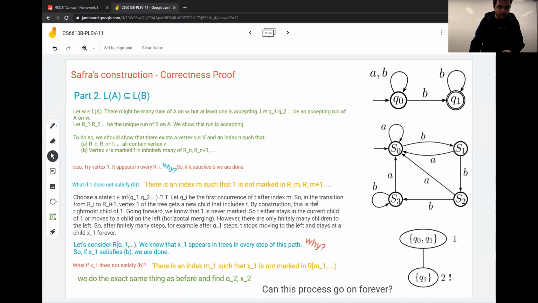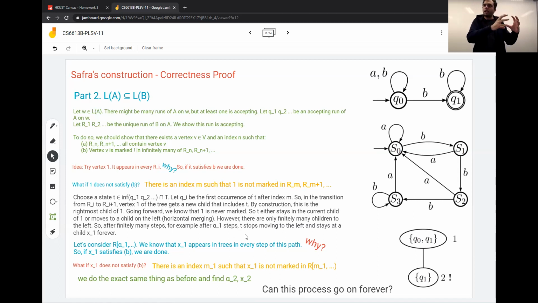So what this means is that at some point, we won't have any horizontal merging on T anymore. There is some point in time, for example, after, let's call it alpha 1 steps, where T stops moving to the left and just stays at one child from this point onwards.